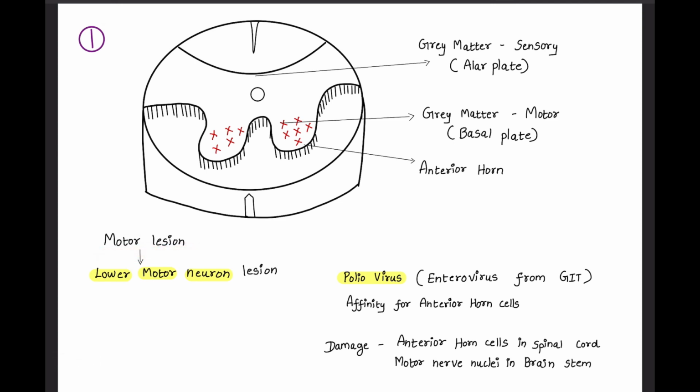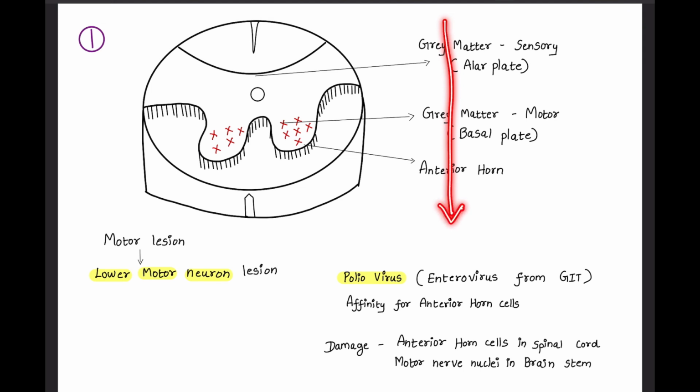Now whether this is a lower motor neuron or upper motor neuron lesion, how will you determine this? Upper motor neurons are the nerve fibers coming from your cerebral cortex of the brain to the spinal cord.